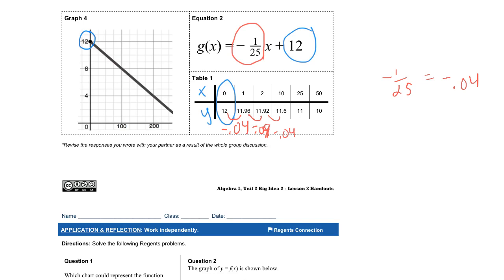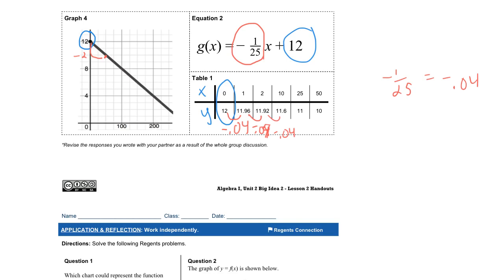So that means that every time we have a new value on our graph, we move down by 0.04. So like it says on our table here, when we get to 50, which is going to be right here, we've gone down 2 places.